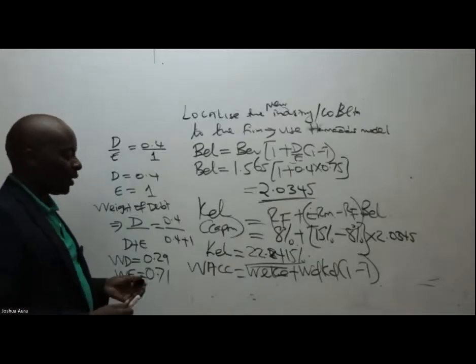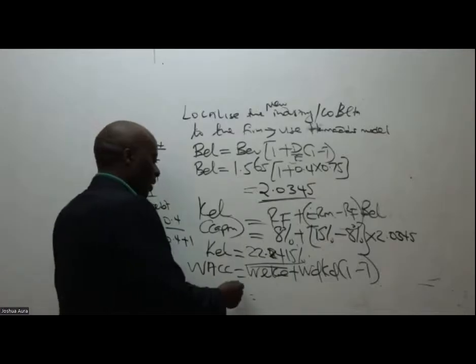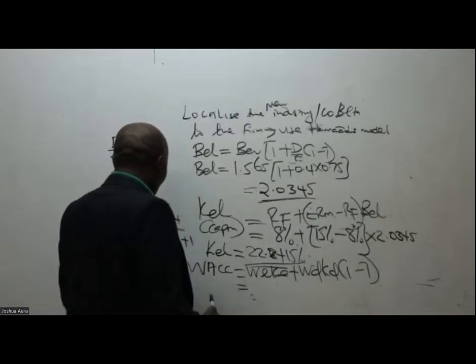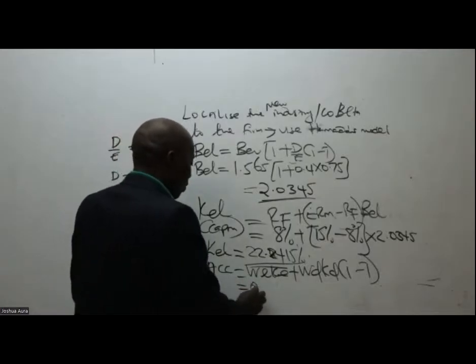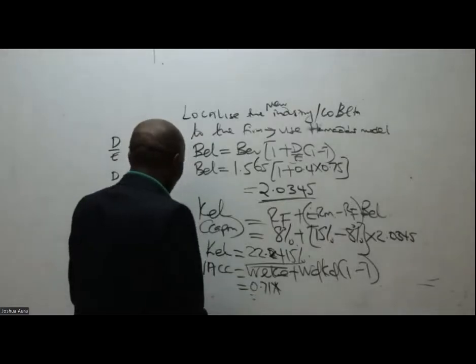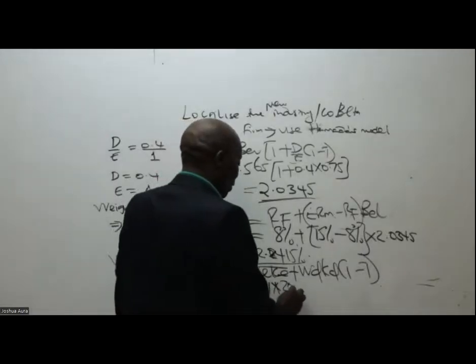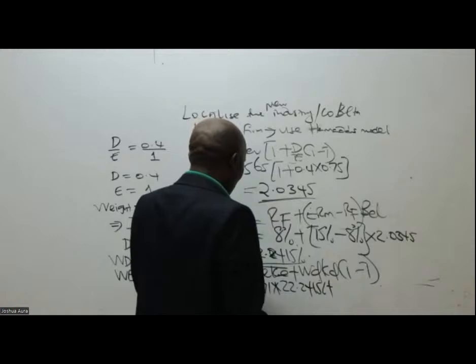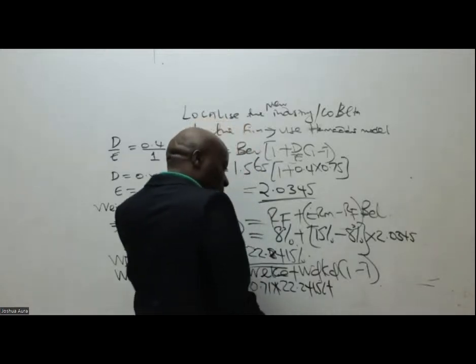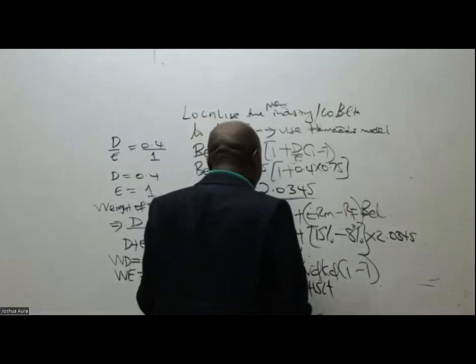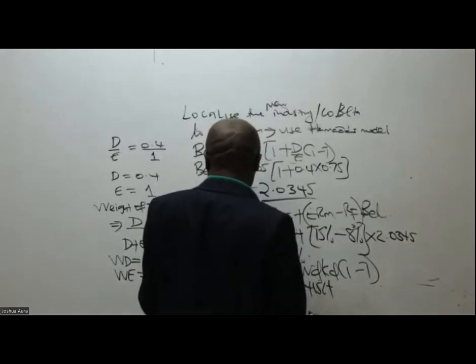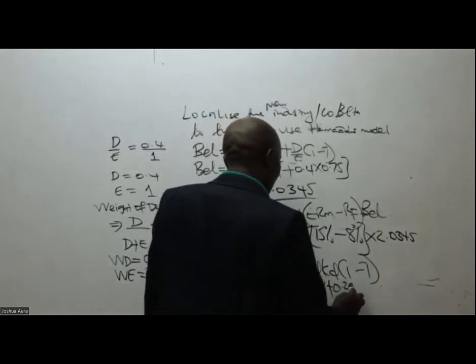So now we have everything to plug in here. Our WACC will be equal to the weight of equity, which is 0.71, times the cost of equity, which you had given me as 22.2415%, plus the weight of debt, which is 0.29, times the cost of debt.